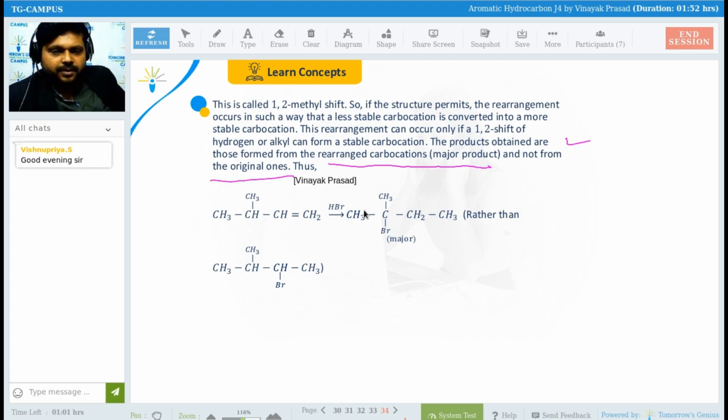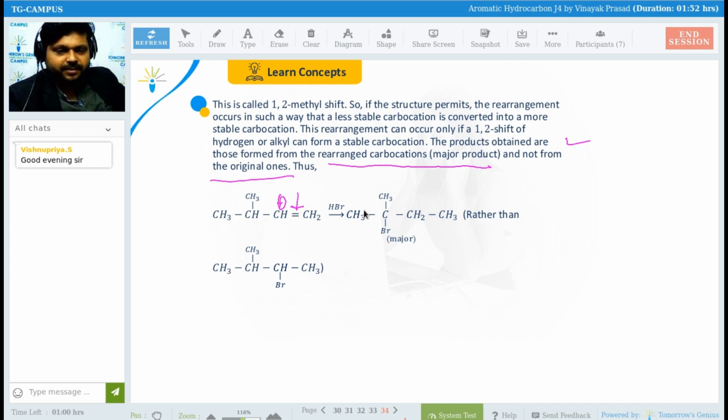See here. So here again, this double bond is there, so it will be broken down. Carbocation will be formed here, right? No. What will happen then? See guys.